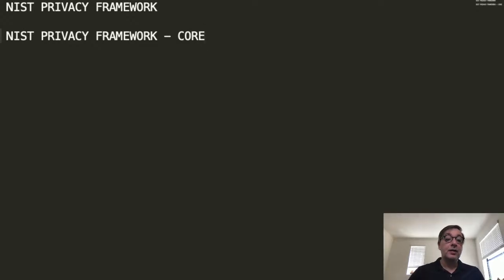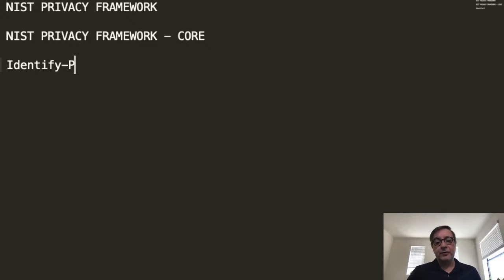Okay. So the first NIST Privacy Framework function is Identify-P. If you download it, the first thing you're going to find is this, which is intended at a high level to help establish organizational foundational privacy or general risk management activities to help you better understand and manage privacy risk.